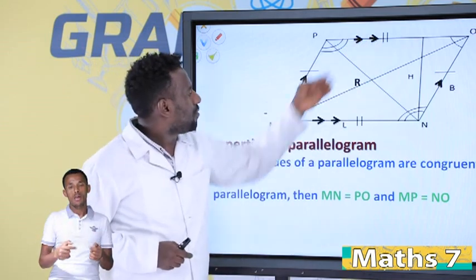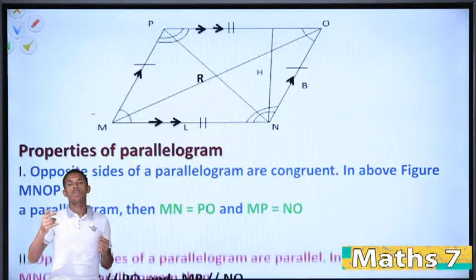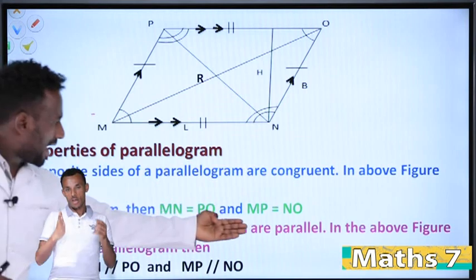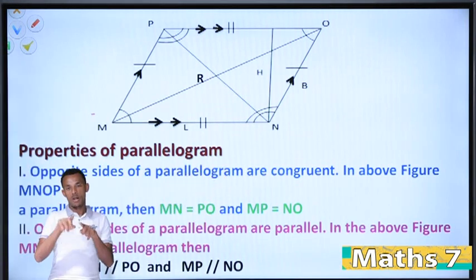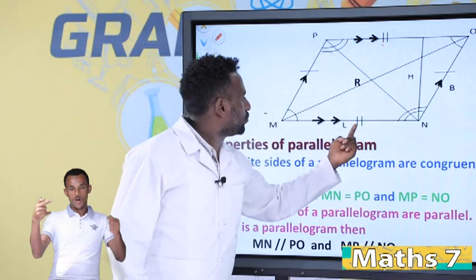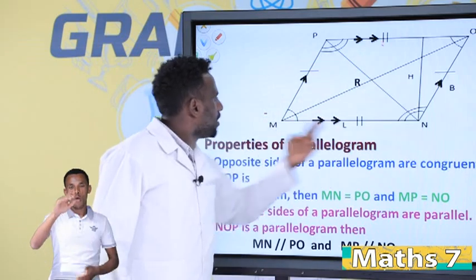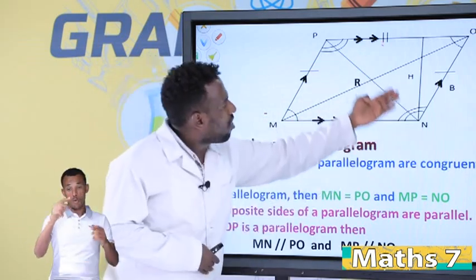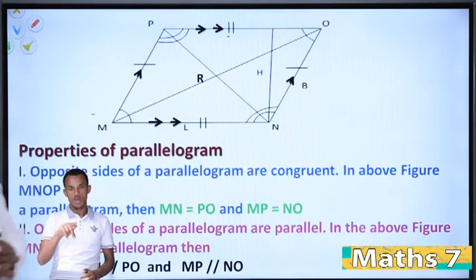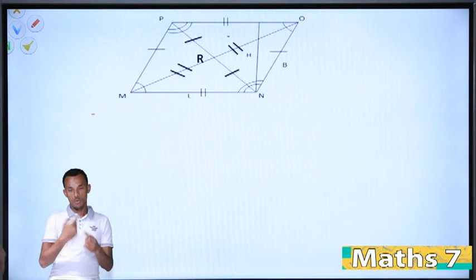So the two opposite pairs are parallel. Next, the opposite sides of a parallelogram are parallel and congruent. In the figure, this one is congruent to this one. PO is congruent to MN, and OM is congruent to ON.